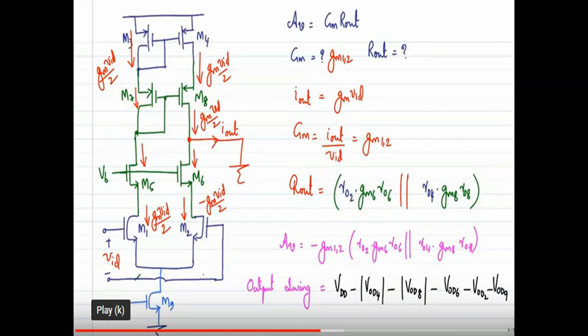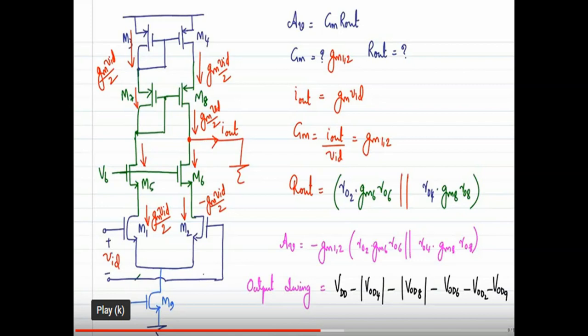It is single ended, so we consider only one side, the output side only. M2 and M4 are the input transistors, and M6 and M8 are the cascode transistors. So its output resistance is RO2 parallel RO4.